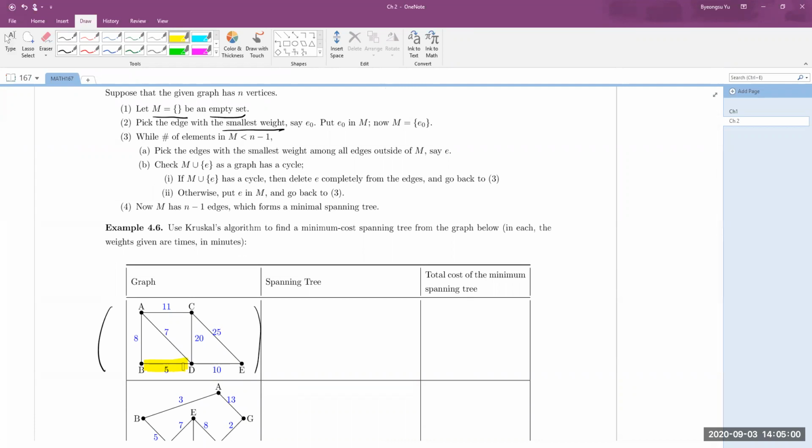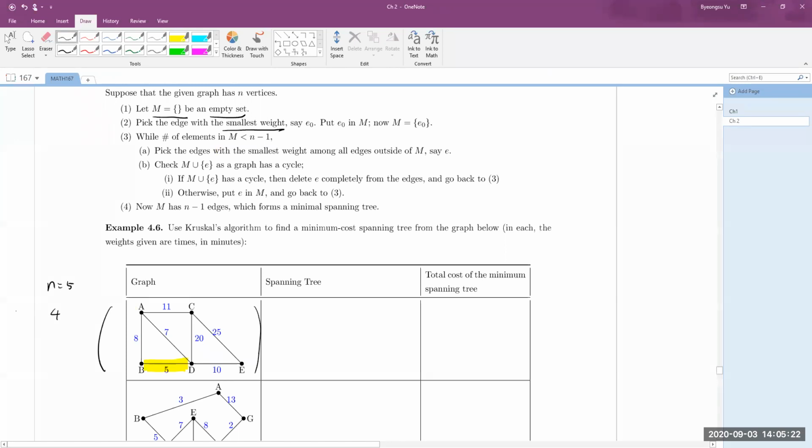And next, if your bag has fewer than n minus 1 elements, where n is the number of vertices in the graph. In this case, we have 5 vertices, so n is 5.